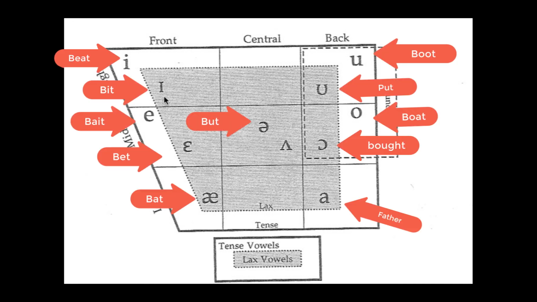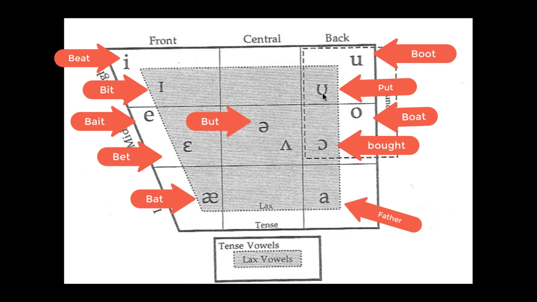Okay, so we have beat, bit, bait, bet, bat, but, boot, and we don't have one for this one. And then boat, bought. And on this one, I would say that we would have father, okay? And this one is put.